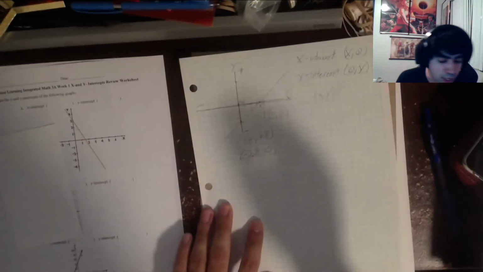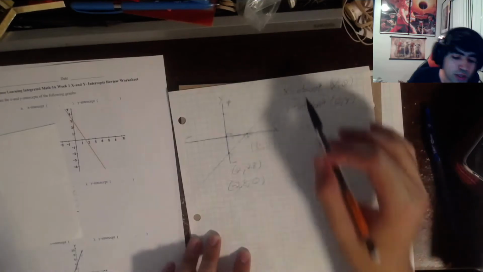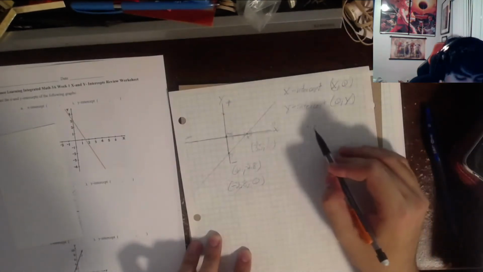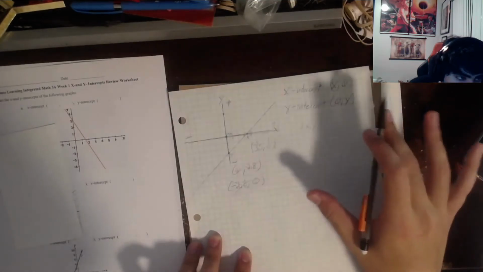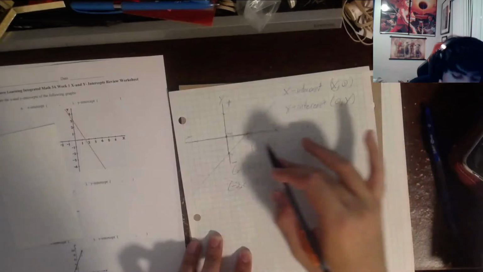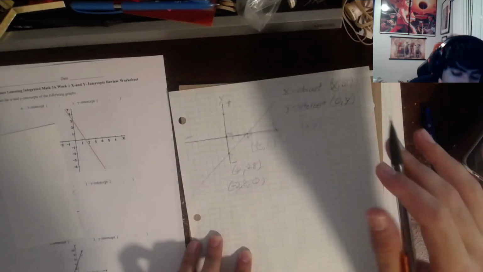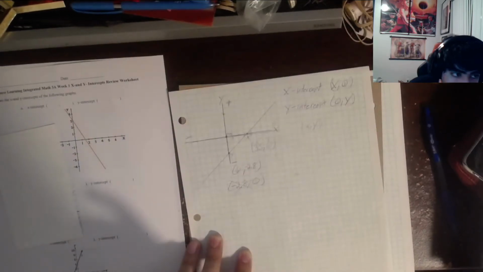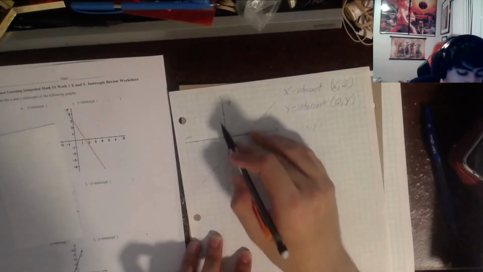The main idea is at the x-intercept, your y is always 0 every time. Whenever you cross the x-axis, your y is 0. And if you cross the y-axis, which is a y-intercept, x is always 0. I hope that's clear.